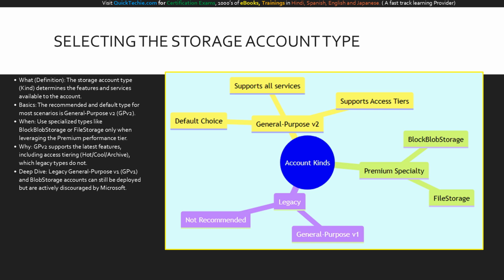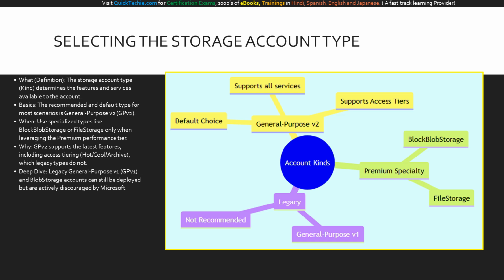For our deep dive, be aware that you might still encounter legacy general purpose v1 accounts in older environments. While they exist, Microsoft strongly recommends against using them for any new deployments, as they lack modern cost-saving and security features. Here we have a mind map categorizing the account kinds. Branching to the top right is General Purpose v2, highlighting that it is the default choice, supports all services, and supports access tiers.